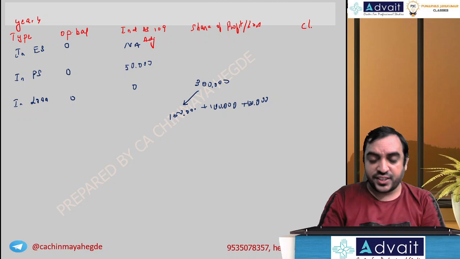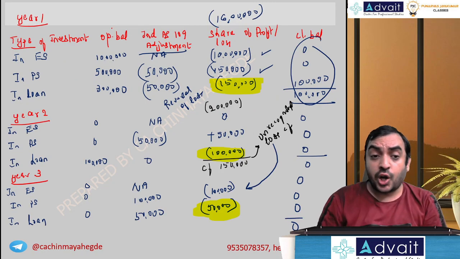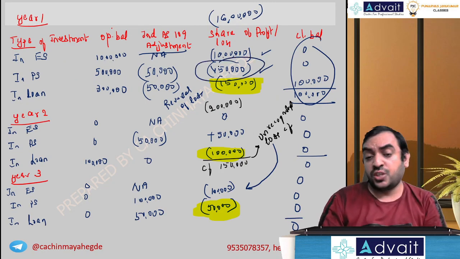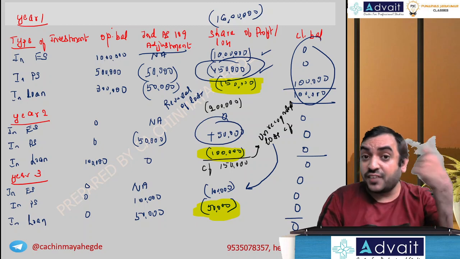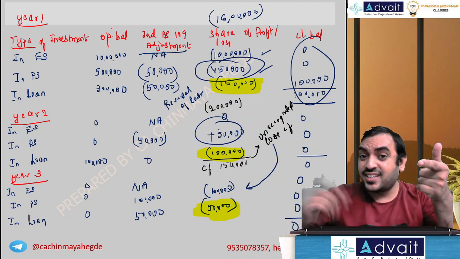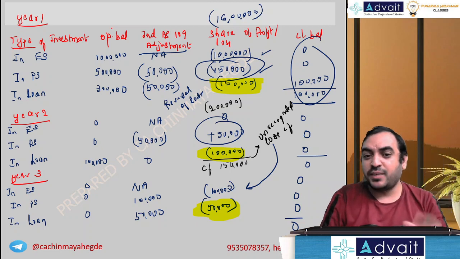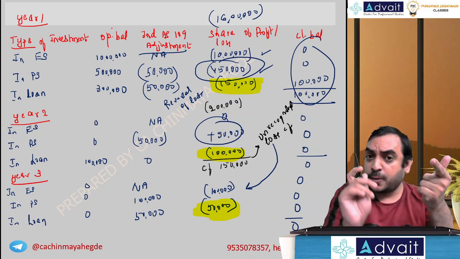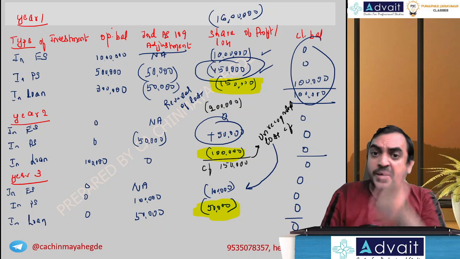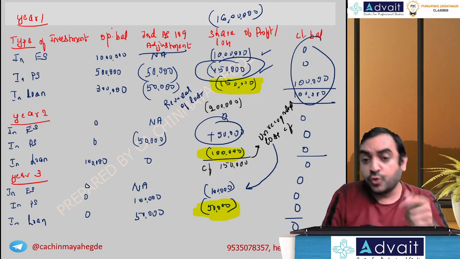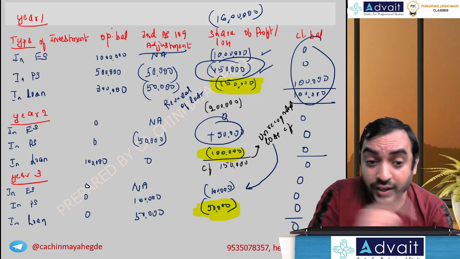Let's come to preference shares. Preference shares, what is the loss, sir? 4,50,000 was the loss. 50,000 we have reversed because we had to adjust against the Ind AS 109 adjustment, and 1 lakh in the third year.